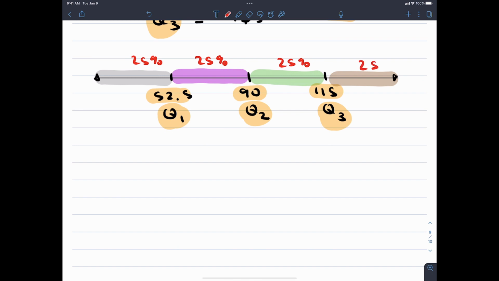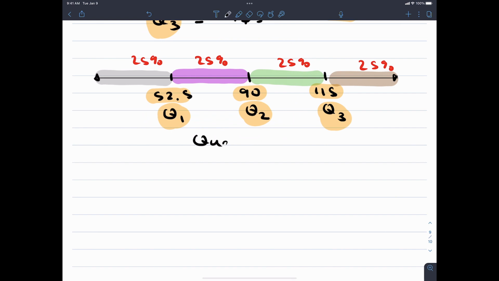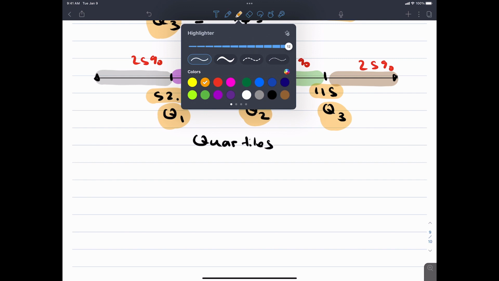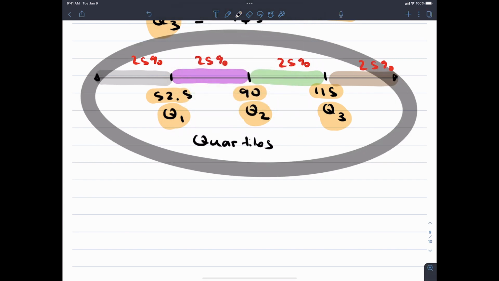And then what? 25% here. This is partitioning your data into what we call what? Quartiles or quartile value. A very, very important system because of the 25, 25, 25 situation. Okay, easier to read, I guess. Easier to think about.